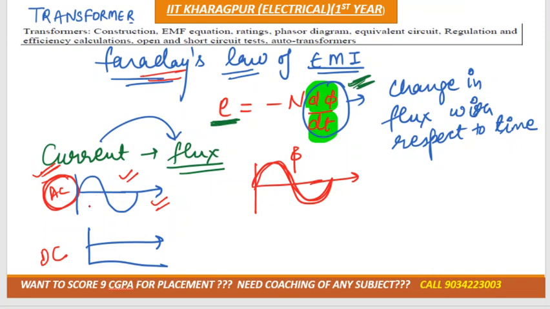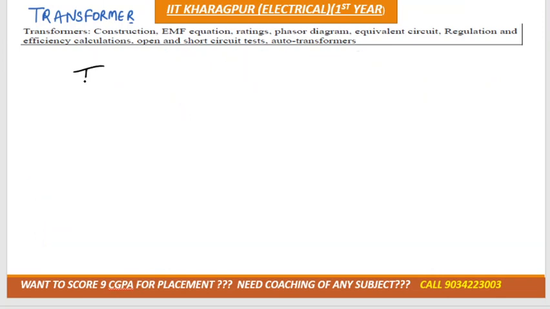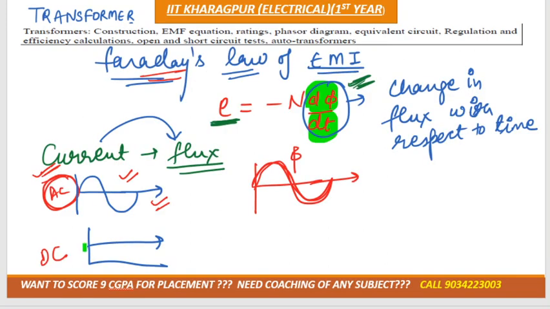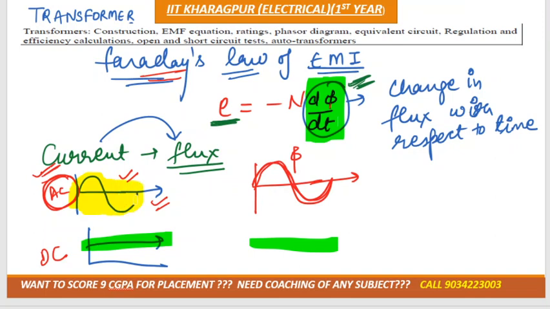For this reason the transformer works on AC supply. If the supply is constant DC, there is no change in flux. If the flux is changed, then EMF is induced.